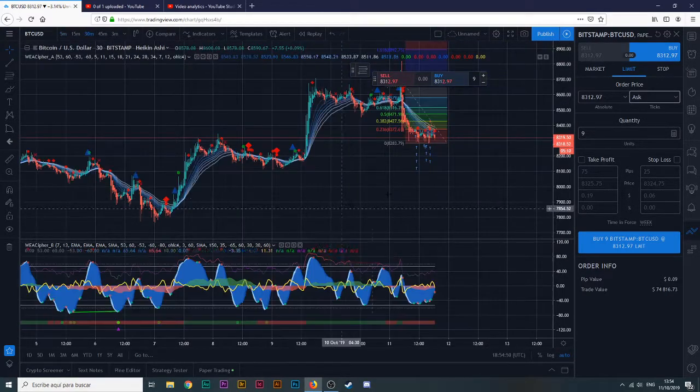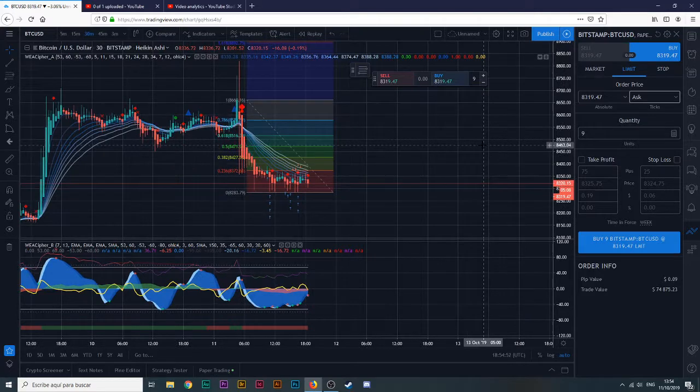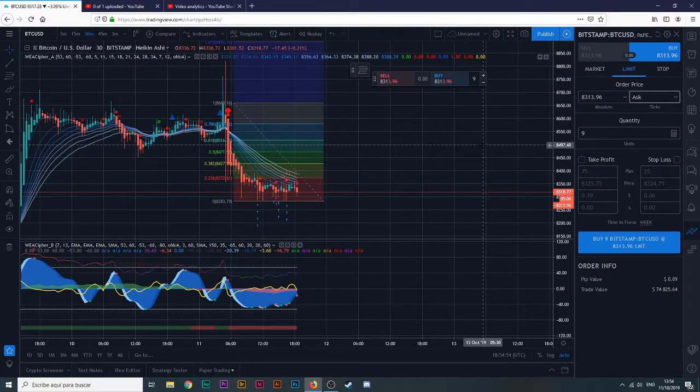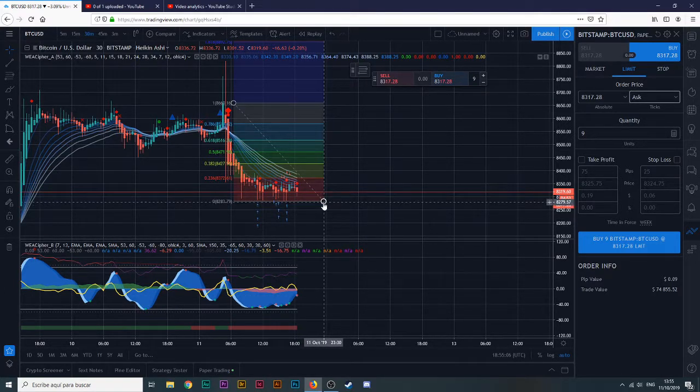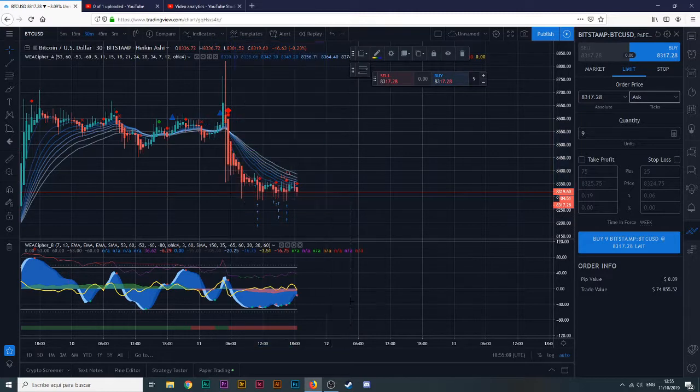So I'm going to take this off. On the 30-minute chart, we see that we're still in a bearish DWAP. I'm going to take this off, and then I'm going to go to the 5-minute.